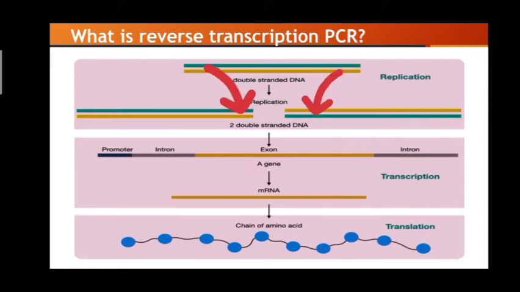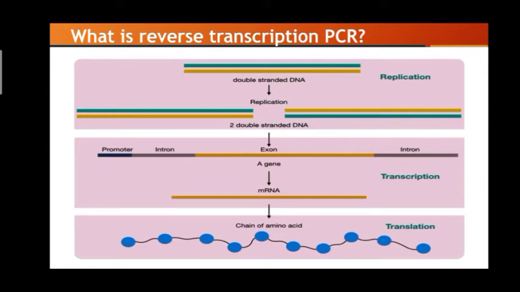Replication doubles DNA, transcription forms mRNA, and translation forms protein or a chain of amino acids. RT-PCR measures gene expression by amplifying complementary DNA reverse transcribed from RNA.